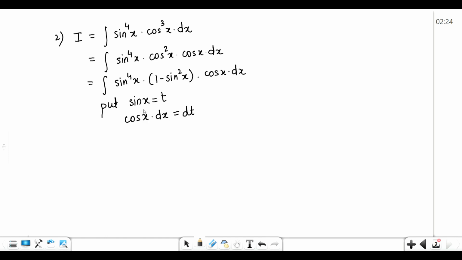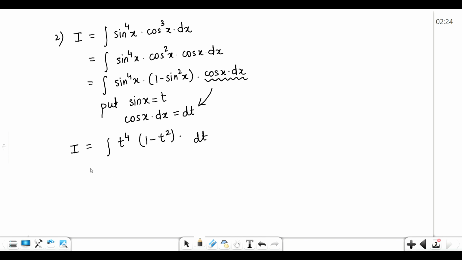Always write the derivative with the dx part. So here cos x dx is present, and that will be replaced with dt. So this I now will be the integral of dt, and the sine is replaced with the variable t, so that becomes t to the power 4, and this becomes 1 minus t square.